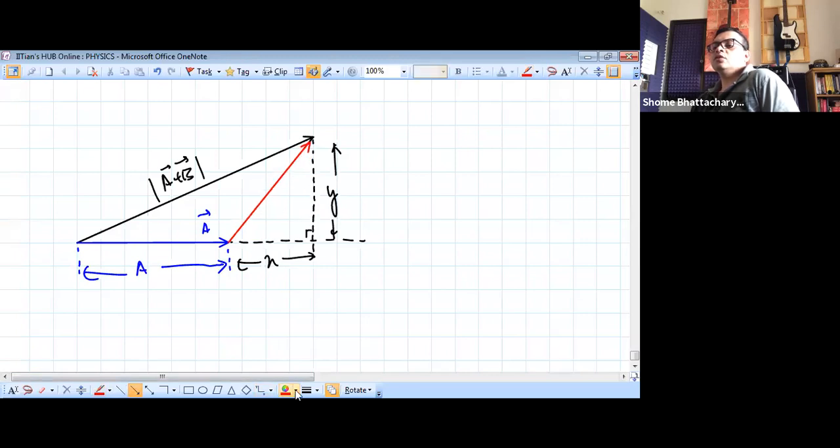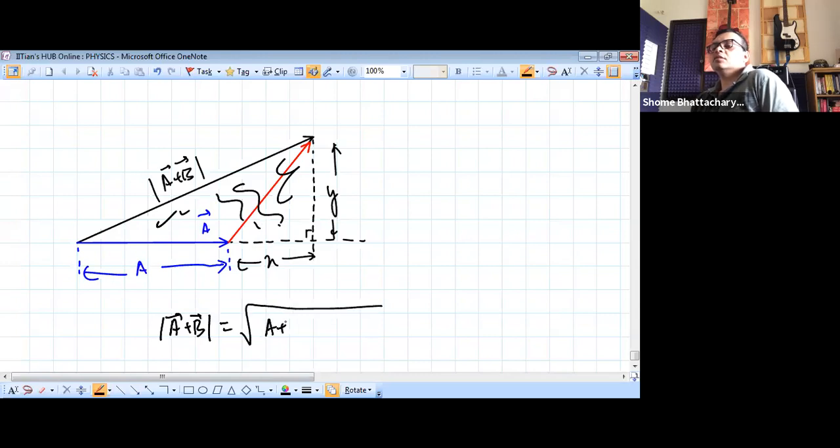So looking at this whole triangle, for this right angle triangle, you can see the hypotenuse is the square root of the base squared plus the perpendicular squared. Now what was X from there?